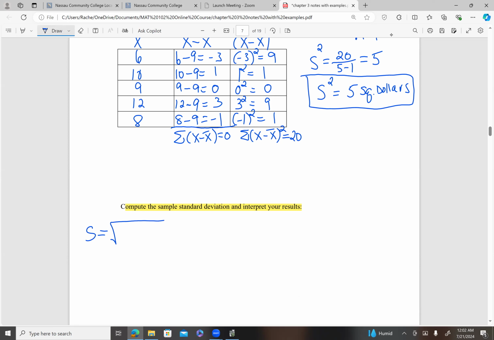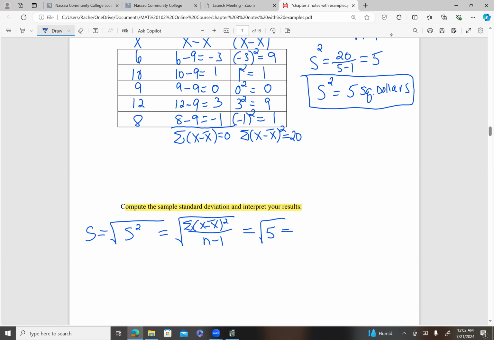So it's equal to the square root of s squared, which is the square root of the sum of each data value minus the mean squared over n minus 1. And we got 5 for that, right? We got 5 square dollars as my sample variance. So we're going to take the square root of 5 in this case.